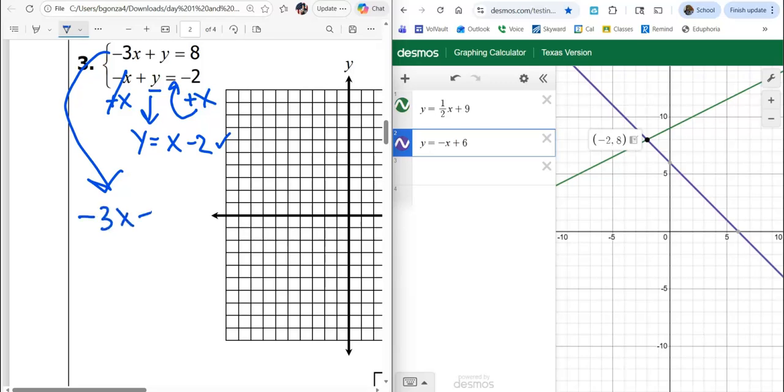Now, this other equation, I'm going to rewrite it right here. Negative 3x plus y equals 8. Now, how do I get rid of that minus 3x? What's the opposite of minus 3x?